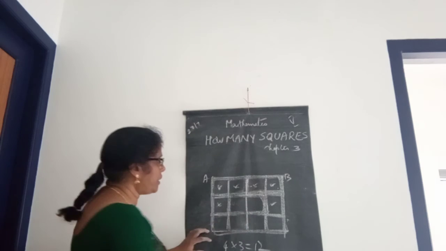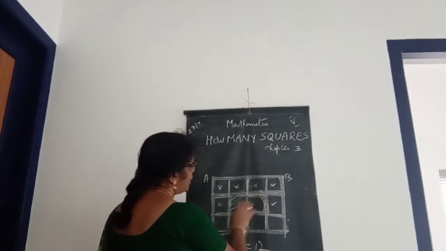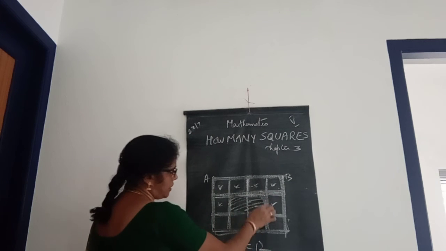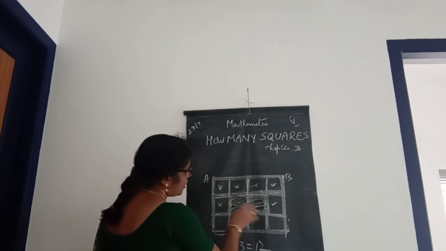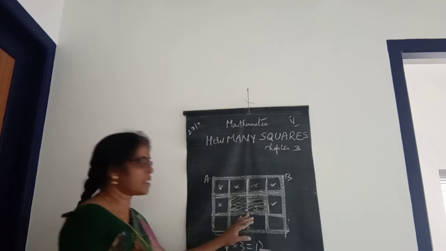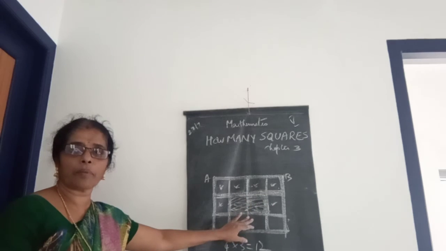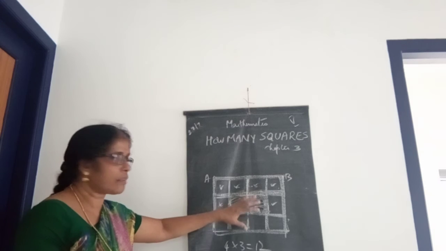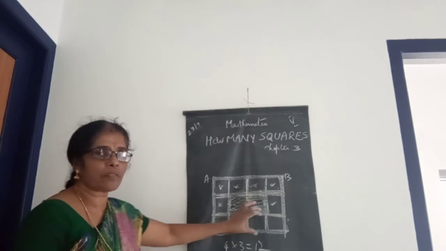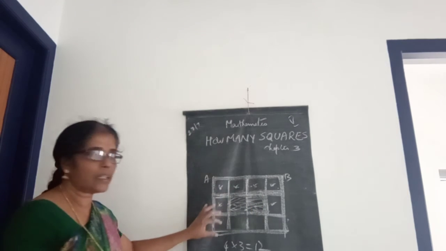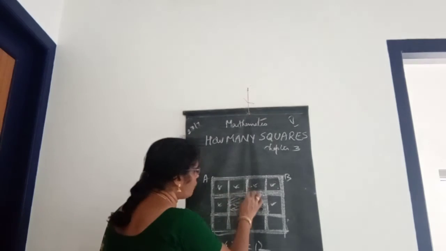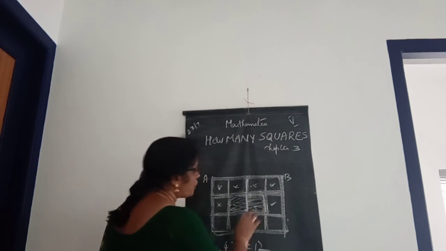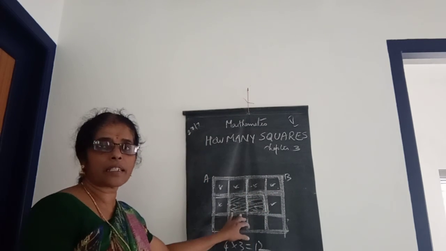If we put one stamp or any other picture here, then look, children, how many squares does that stamp take? How much space do we take from here? Then how many squares here, children? 1, 2. 2 squares are taken for that stamp, isn't it?